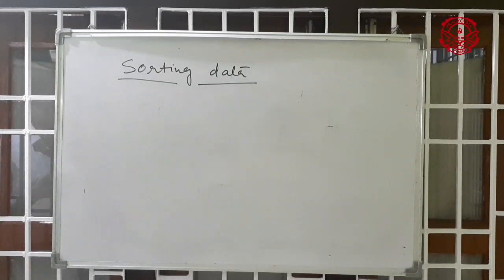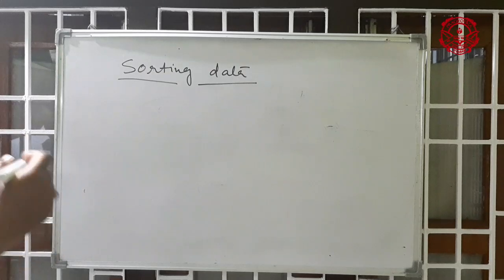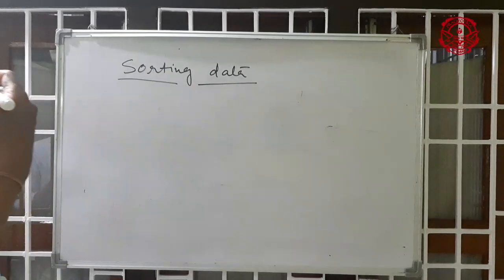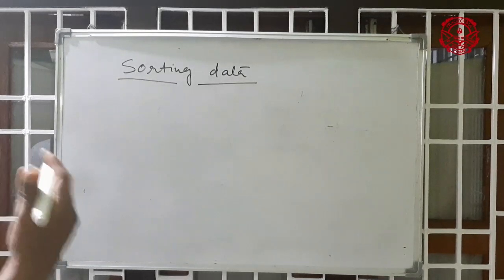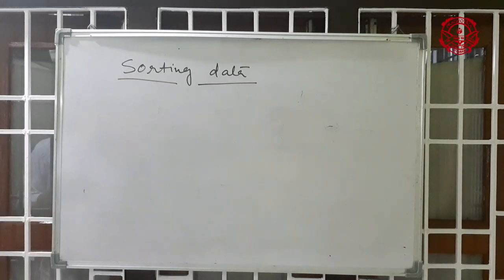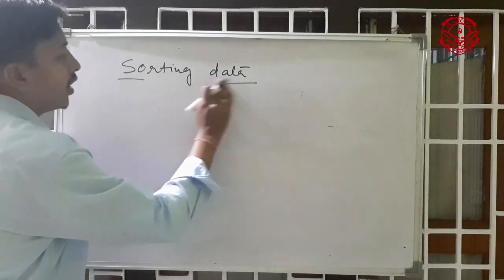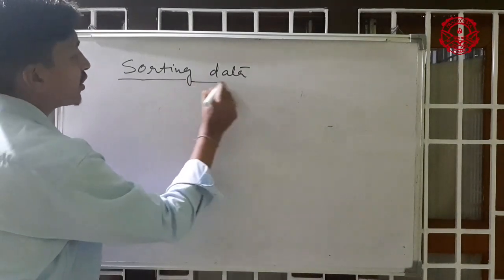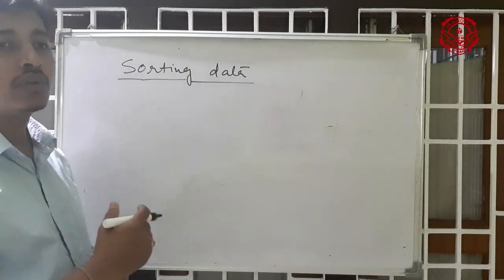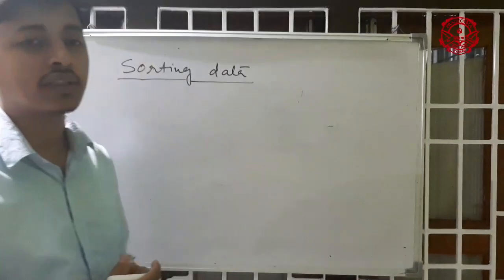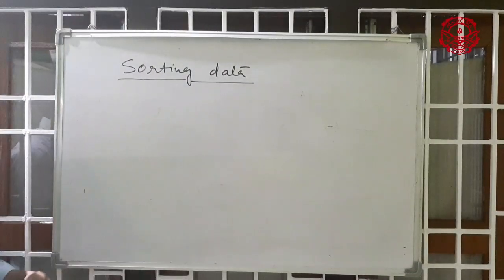Okay, I may again say, data sorting is any process that involves arranging the data into some meaningful order to make it easier to understand, analyze or visualize. Means what? There is a lot of data or other information in the MS Excel database. Now you want to sort the data. Means what? You are going to arrange the data.